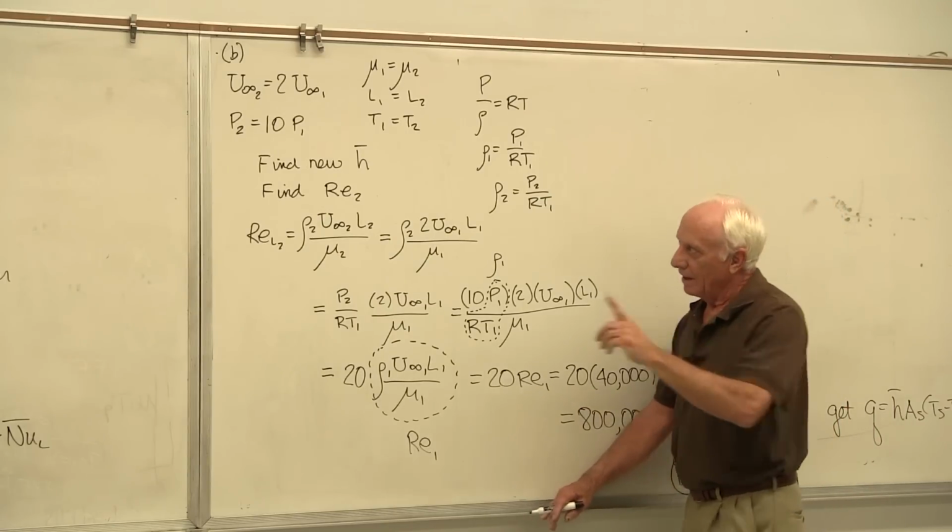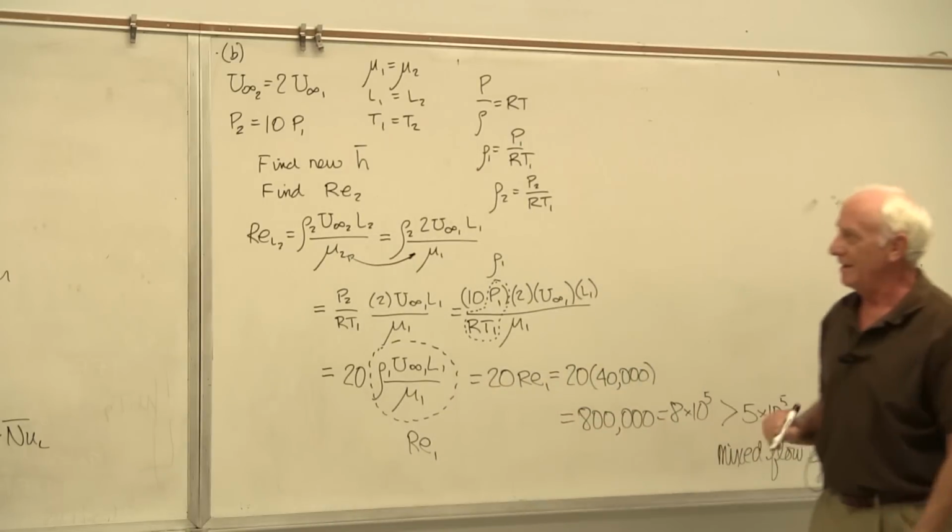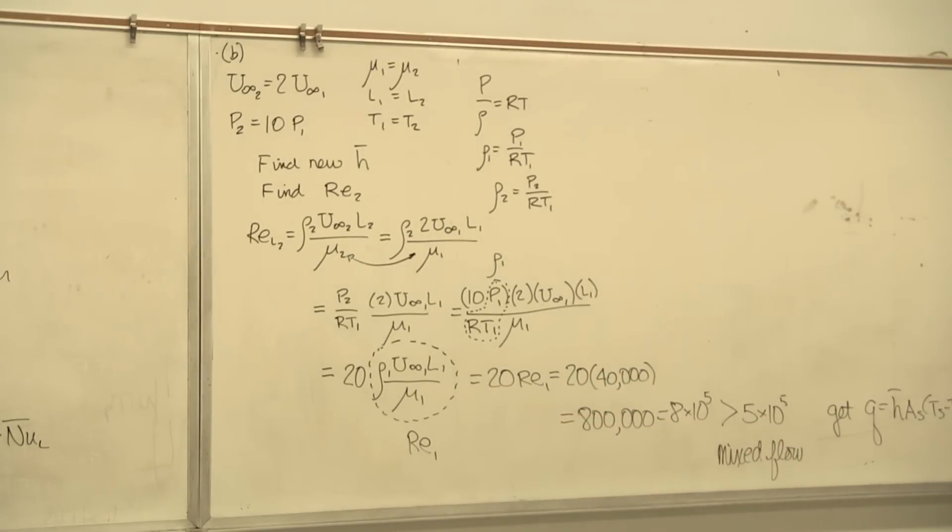Here's the catch. How can you say that? How come the absolute viscosity didn't change, mu2 equal mu1?